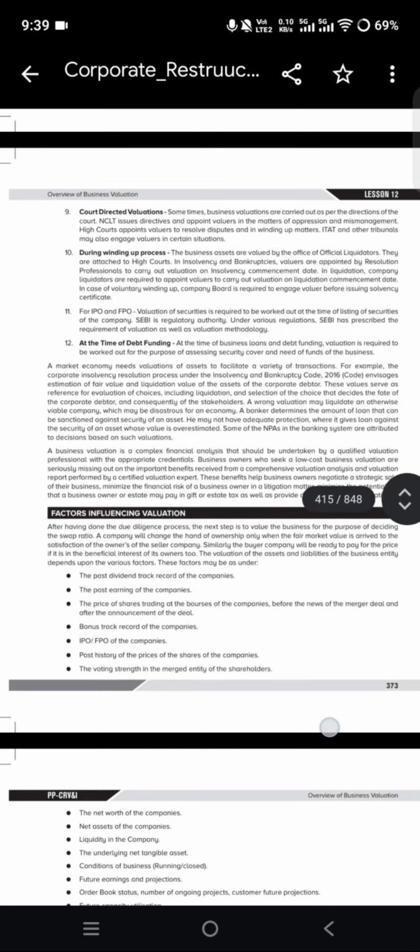Next, the Companies (Registered Valuers) Rules provide for the registration of valuers. Normally we read them as registered valuers. So where will he get registered? In the registered valuers rules. A valuer may be an individual, a partnership firm, or a company.